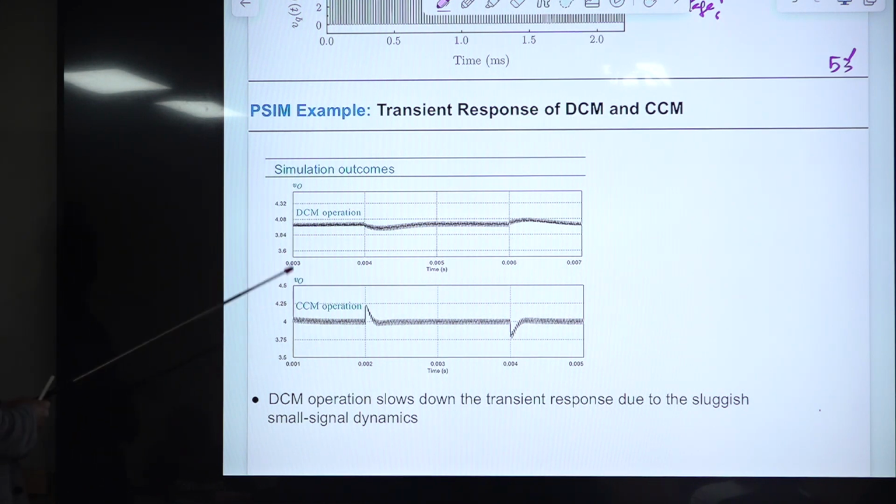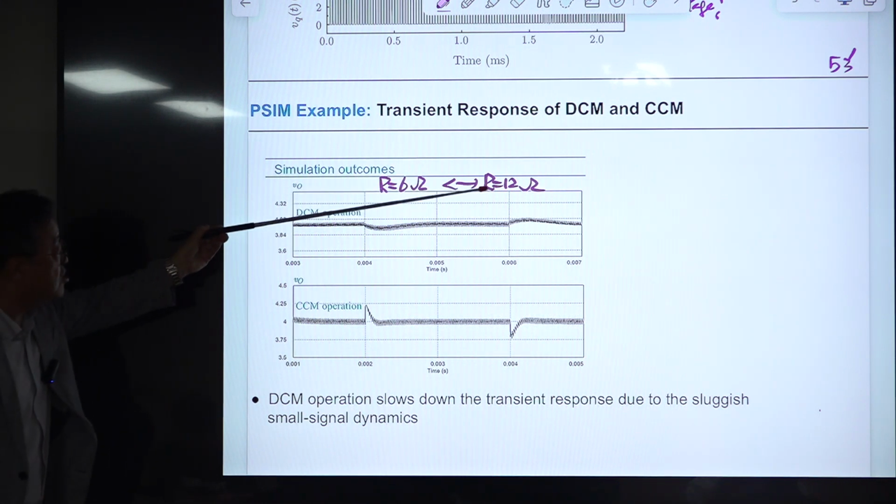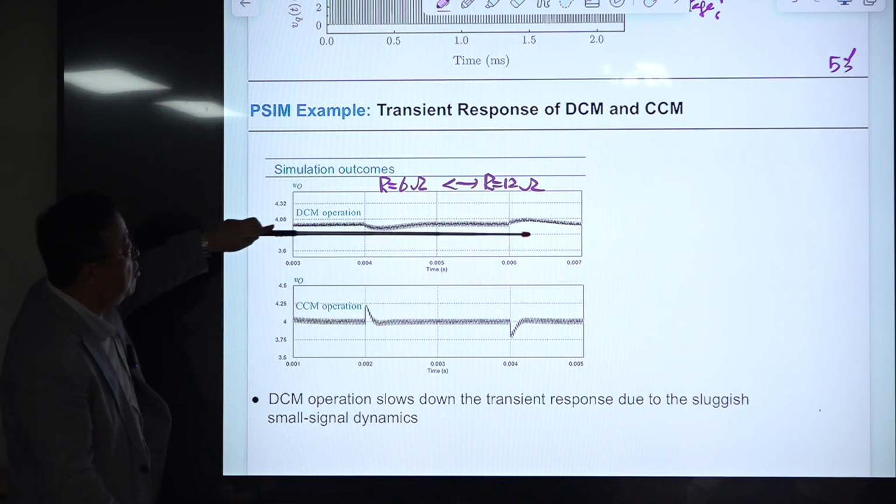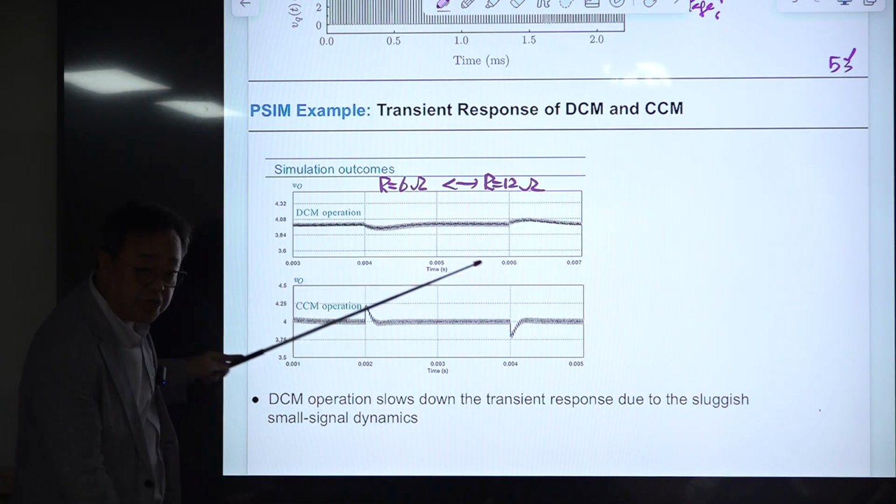This is also important: transient response in CCM and DCM. The first one is where I switched the resistance, so the transition occurs in the DCM. This is a DCM and this is a DCM. Still the output is regulated, but the response is very slow.